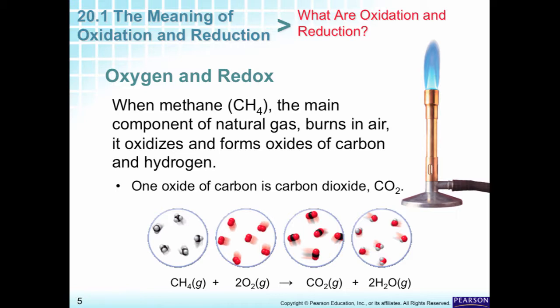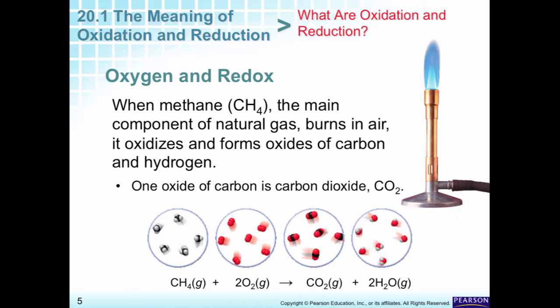So oxygen and redox. Redox is a word we created to mean reduction and oxidation. The type of reactions we're going to look at are called redox reactions, meaning if an oxidation occurs, a reduction must also occur. So if we have methane, for instance, and we light it up, it oxidizes.